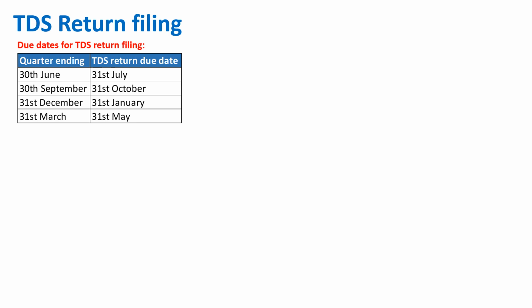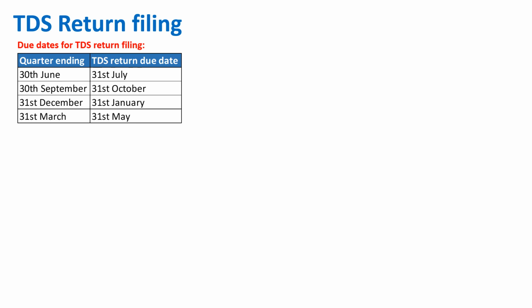Similarly, for what you deduct from 1st July to 30th September, the PAN numbers, invoice values, and whatever details are required under the return filing have to be submitted by 31st October. For 31st December, the due date is 31st January. And in case of March, you get an extended period, so you have time till 31st May to provide all the details to the government. Once the government receives these details, only then will they give the credit in 26AS to the suppliers.